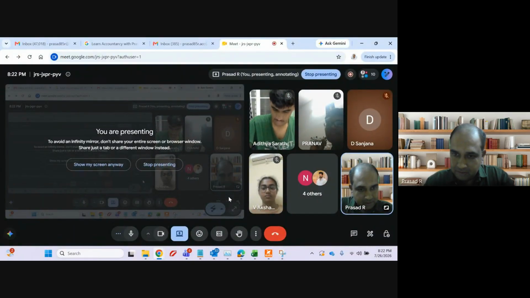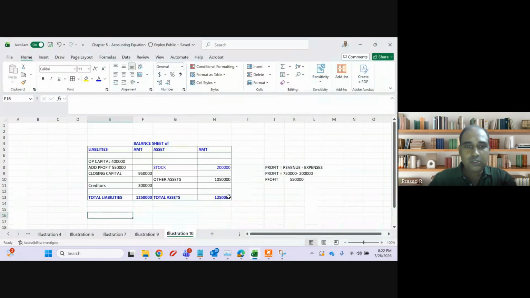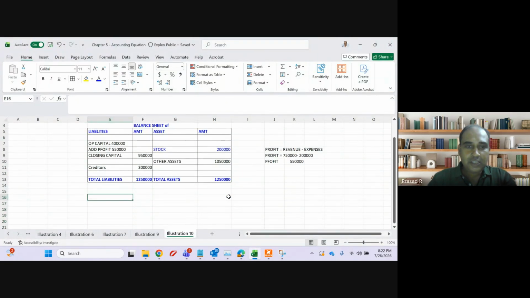Clear? So what formula did we use? First, opening capital plus profit equal to closing capital. This is the first formula we used. But profit we did not know. For profit, what formula did we use?